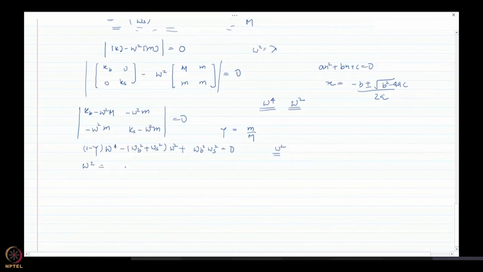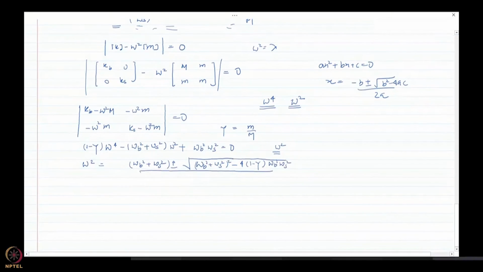Remember, this is b here, so this would be omega b square plus omega s square, because my b here is now this one, minus of this quantity, plus minus square root of b square minus 4ac. This is omega b square plus omega s square whole square minus 4 times 1 minus gamma times omega b square omega s square, divided by 2a, and a is 1 minus gamma here.